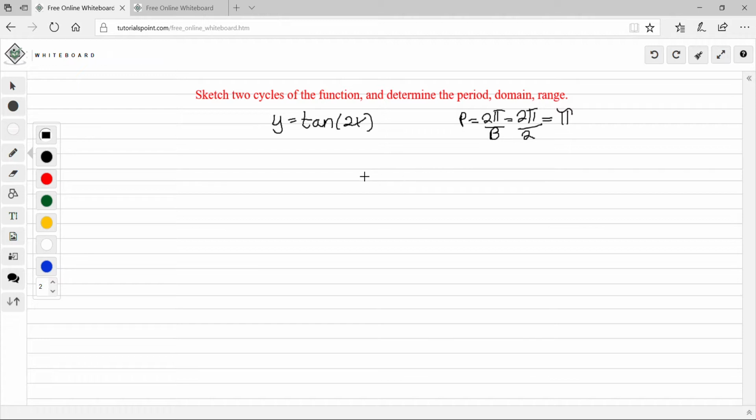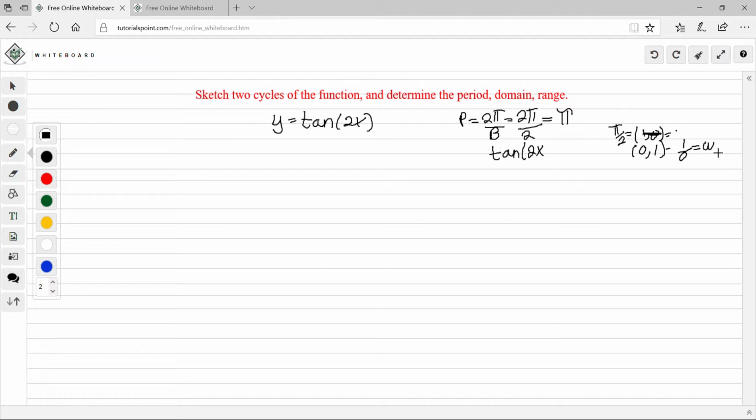let's figure out the vertical asymptote. We have to find out where it's undefined. We're given tangent of 2x. We want to get pi halves, because at pi halves it's undefined, because our coordinates are 0, 1, and when you take the tangent of that, it's 1 over 0, and that makes it undefined.